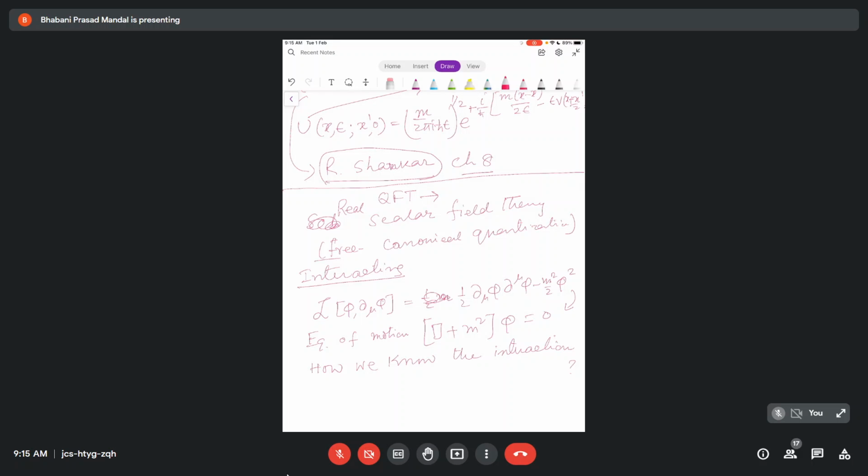Suppose I want to study a theory, and whether it has some interaction, or even if it has interaction, which kind of interaction? See, I have only a single field, right? Phi is there. I have the simplest possible field theory we are considering. So how will we find the interaction? Any suggestion?